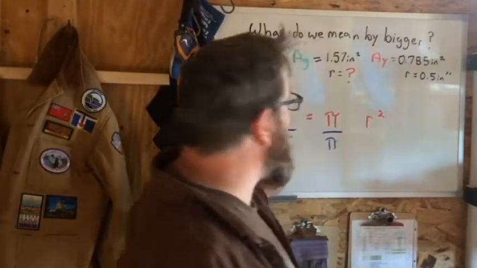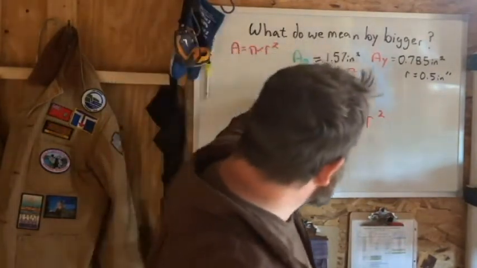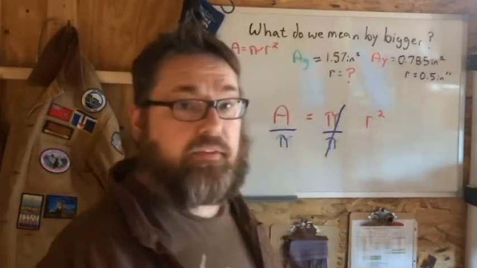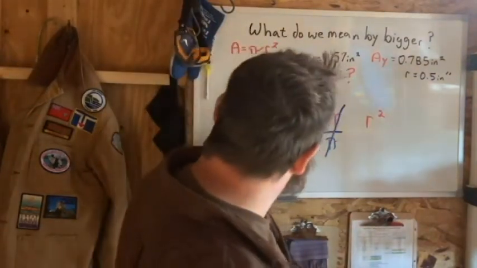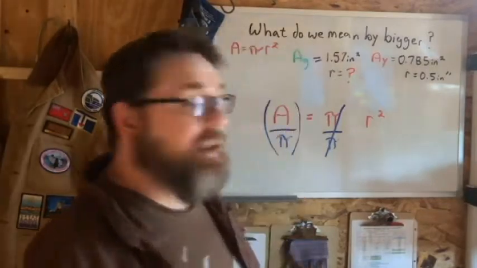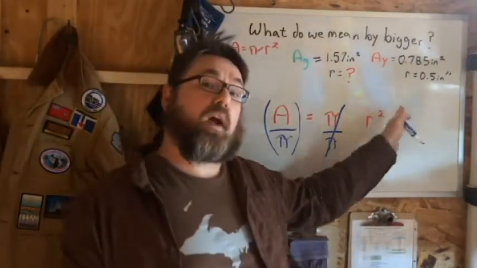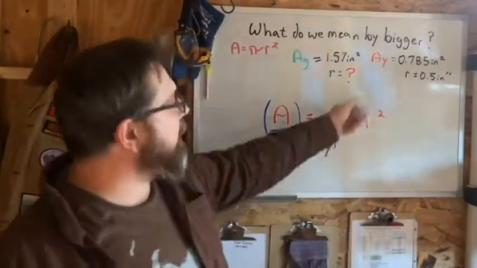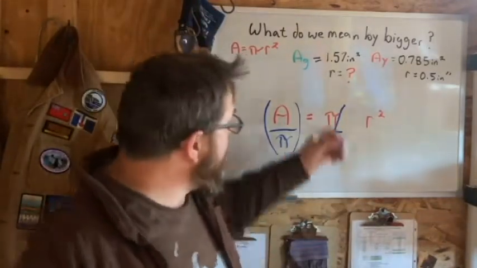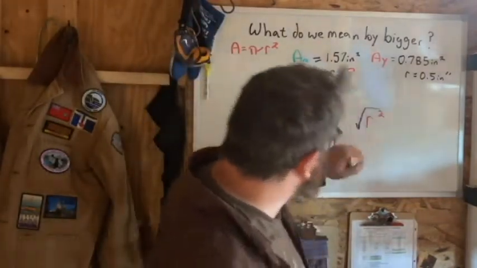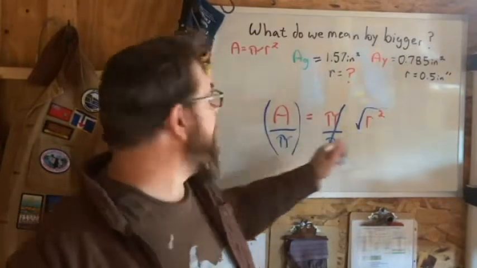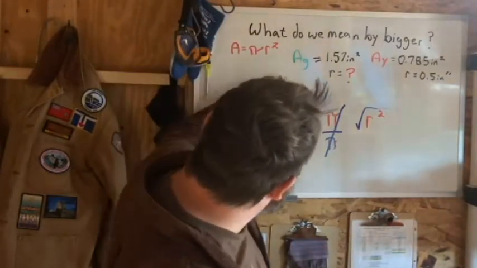I'm going to divide by pi on each side. That is going to cancel this out. Okay, and it's going to give me a number here. But I'm not done. This is a radius squared, not a radius. Well, how do I get rid of that square? Well, I take the square root of that radius. But since I did that there, I've got to do that here as well.